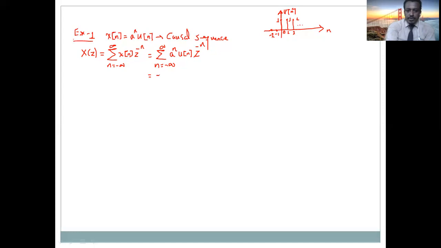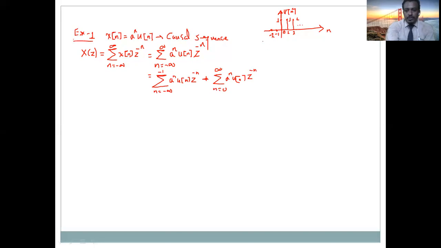So the summation will be n from minus infinity up to minus 1, plus n from 0 up to positive infinity, of a to the n, u of n, z to the power of minus n.